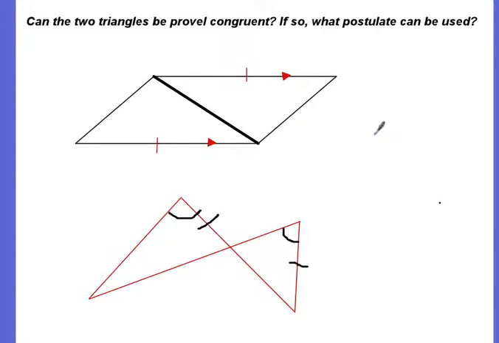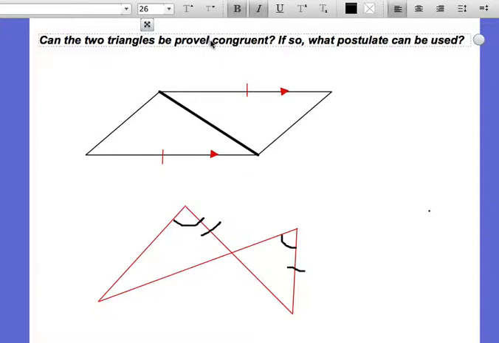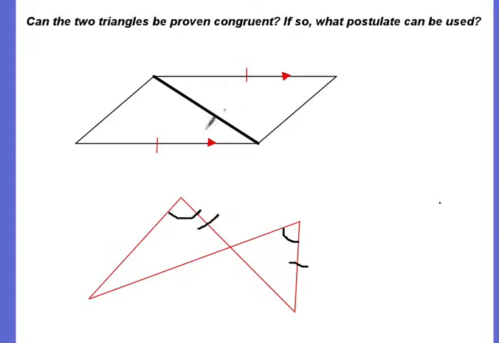Okay, so this one says, can the triangles be proven congruent? So let's see what's given. Here I'm given these two sides are congruent. I'm given this reflexive piece, so I'll go ahead and mark that. And I'm also given that these two sides are parallel.